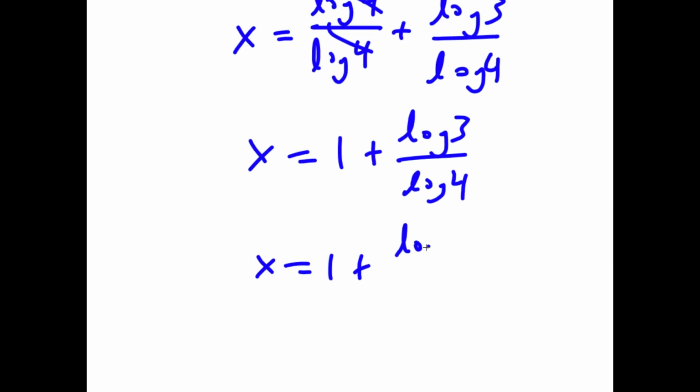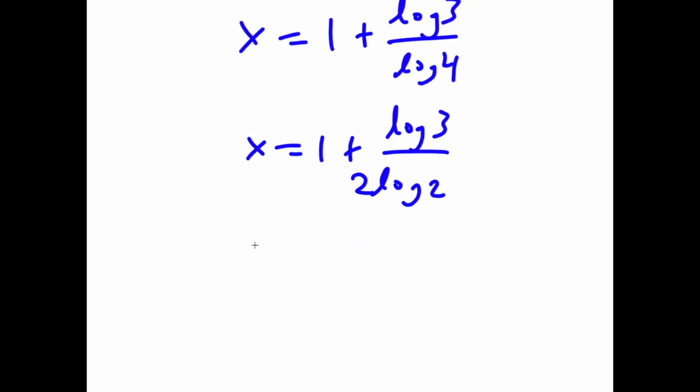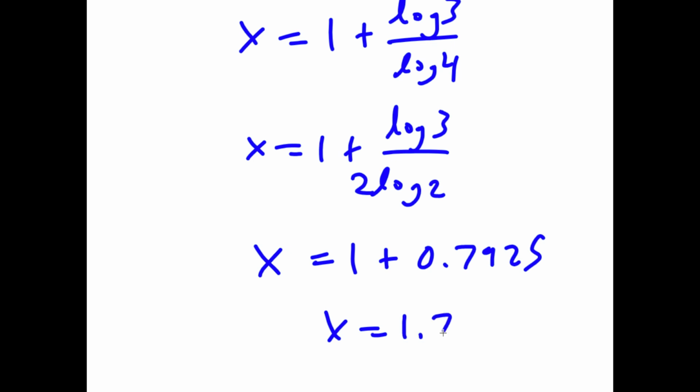So I get 1 plus log 3 over log of 2 squared. And remember, I can move this 2 to the front. So now I have log 3 over 2 log 2. And this is the same thing as 1 plus 0.7925, which is equal to 1.7925.